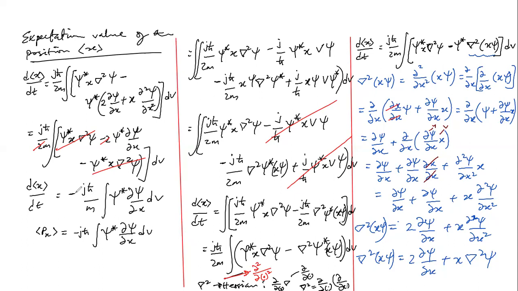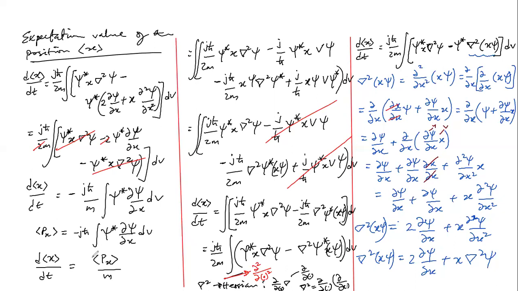And you realize that the entire expression here, other than m, is the momentum, such that the first time derivative of the expectation value of the position is therefore the same as the expectation value of the momentum divided by m.